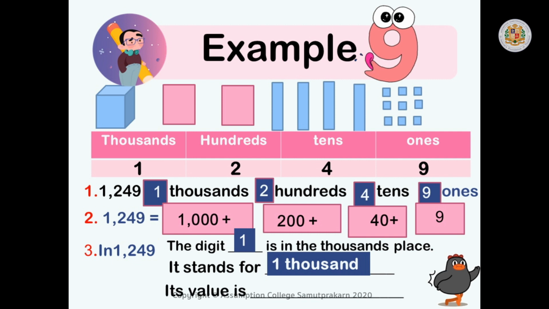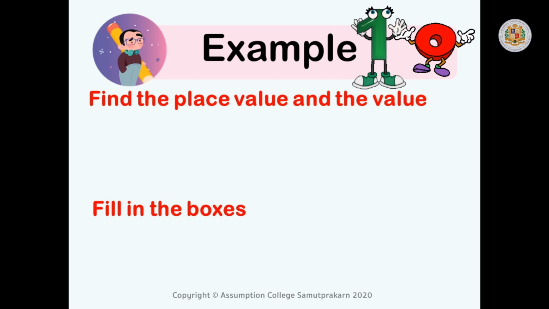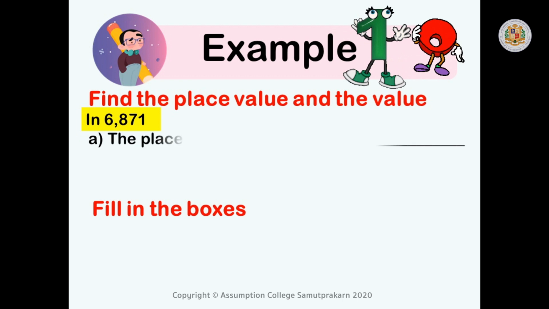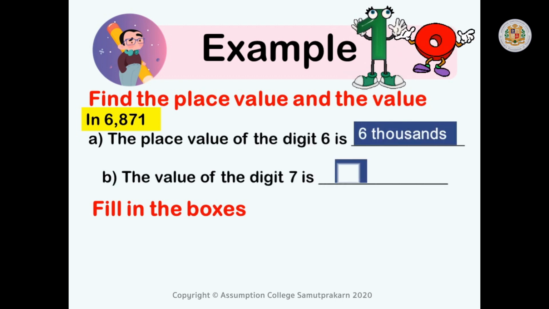The value is 1000. 1, comma, and then 3 zeros. Find the place value and the value. Check your answer and do it first by yourself. Fill in the boxes.